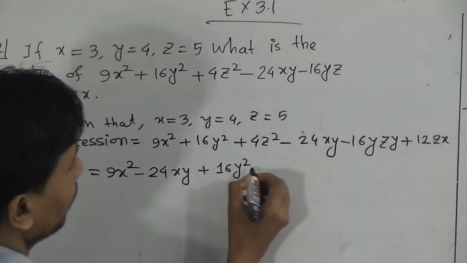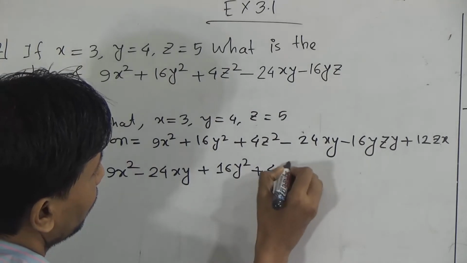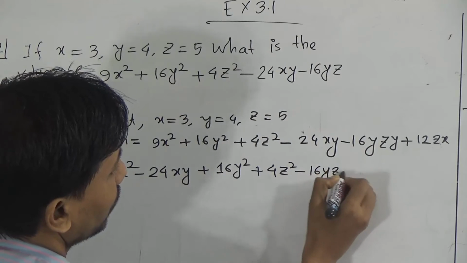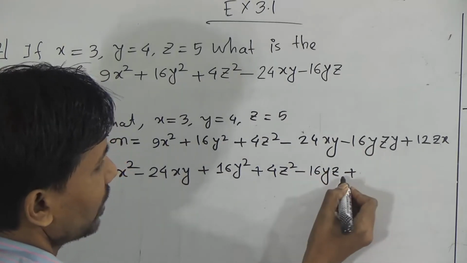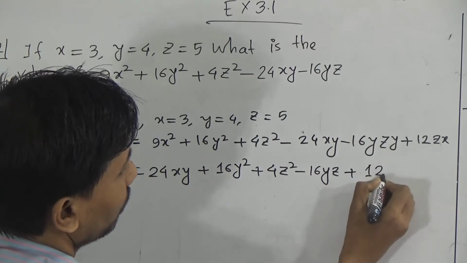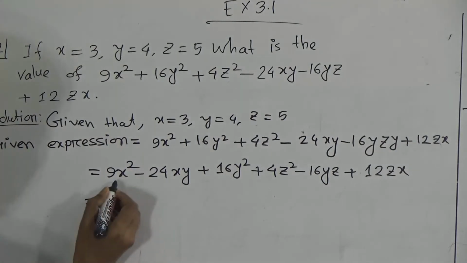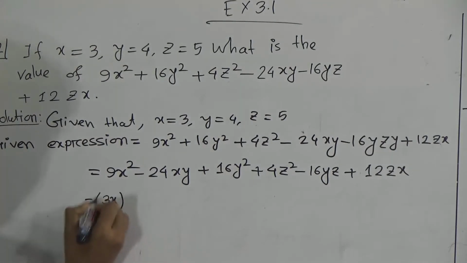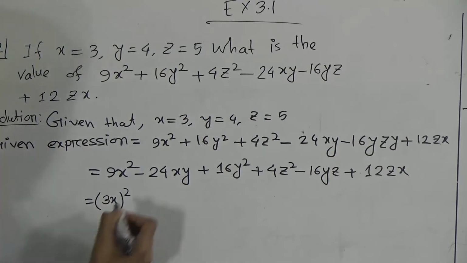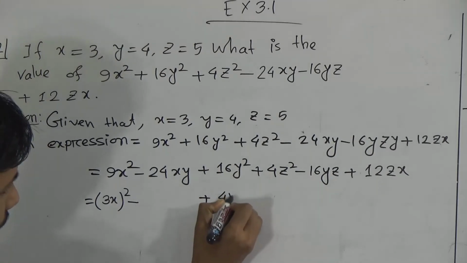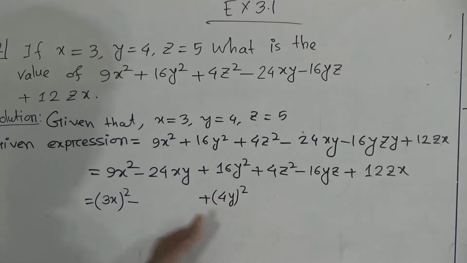Now left: 4z square minus 16yz (yz or zy is the same) plus 12zx. Now notice, can you write this as 3x whole square, and 16y square as 4y whole square? 4y whole square means 4 4s are 16, y square.